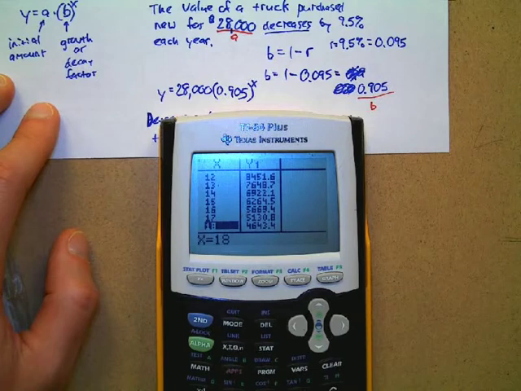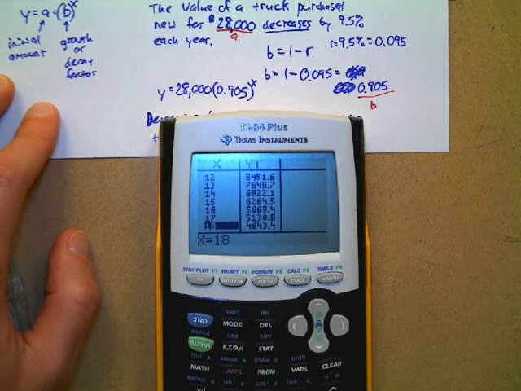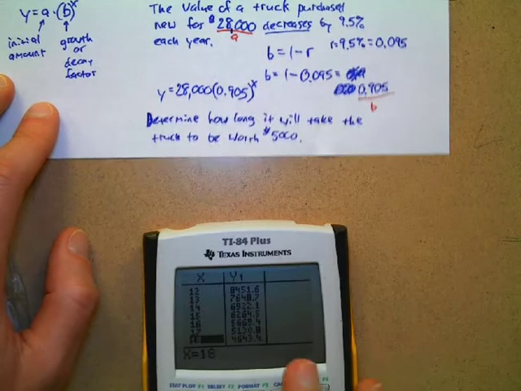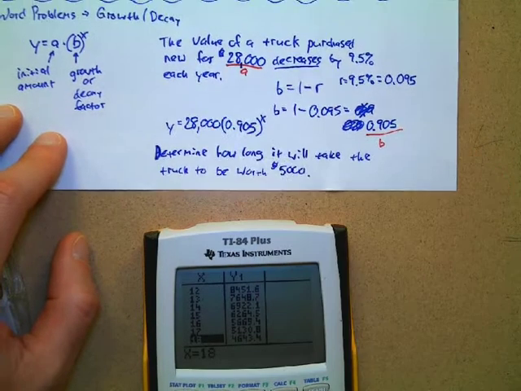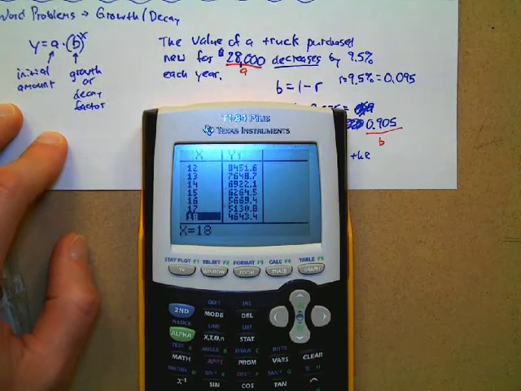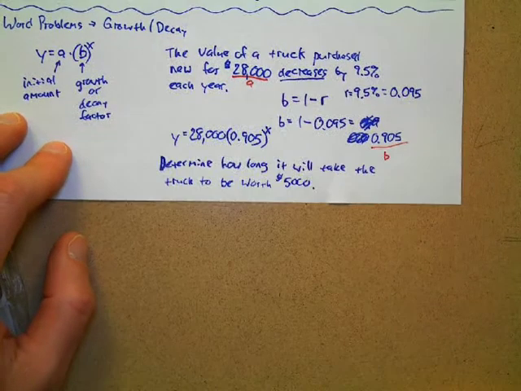Getting 17 years of use out of a truck seems about right, maybe. So you go from your $28,000 buying it brand new, and then 17, almost 18 years later, $5,000 is what it's worth.